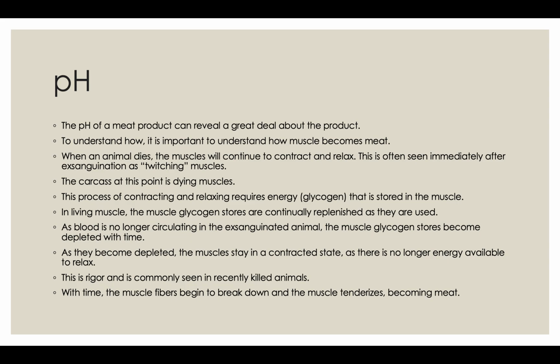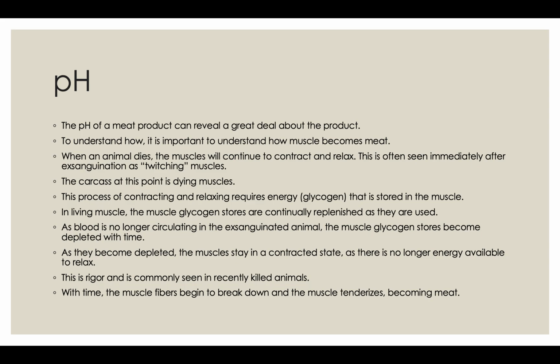In living muscle, the muscle glycogen stores are continuously replenished as they are used. As blood is no longer circulating in the exsanguinated animal, the muscle glycogen stores become depleted with time.